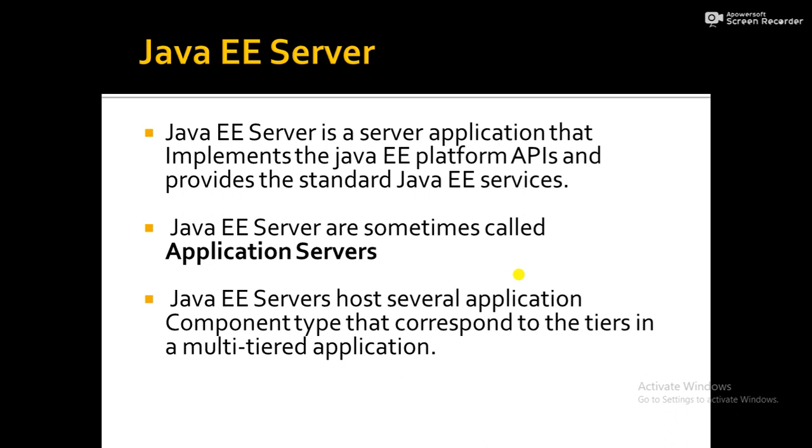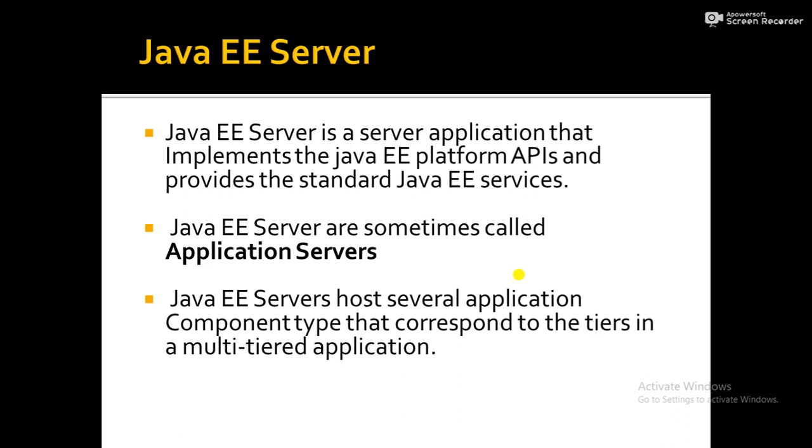It is sometimes called an application server, because it allows serving application data to the clients, just as web servers serve web pages to web browsers. Therefore, they are also called application servers.